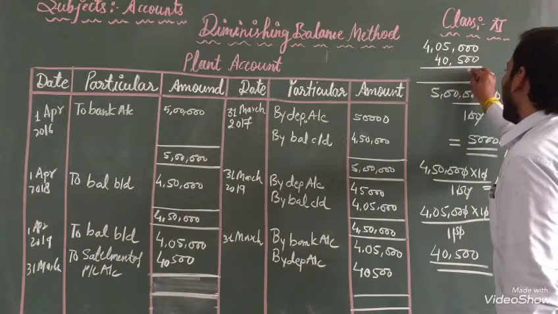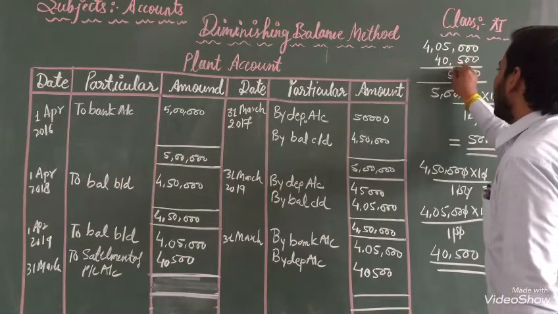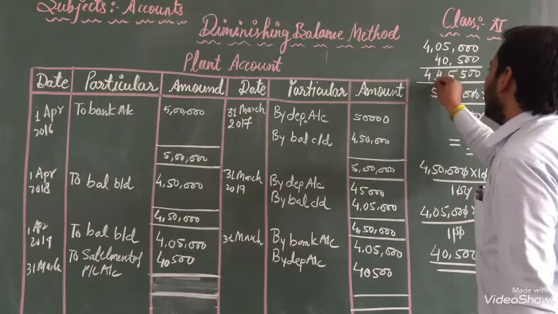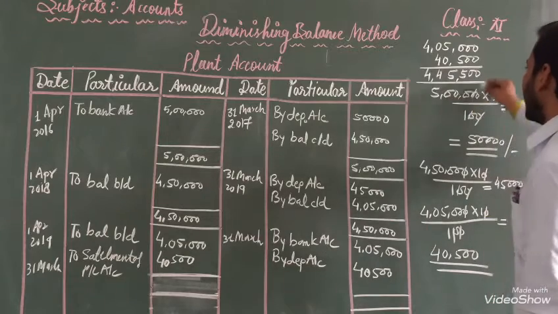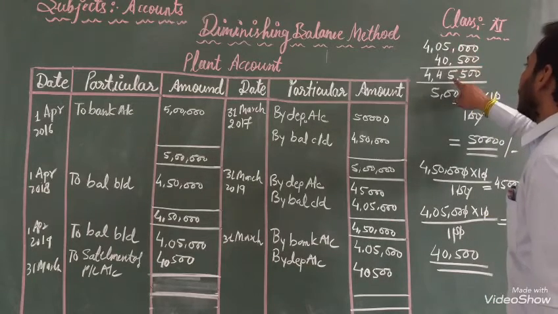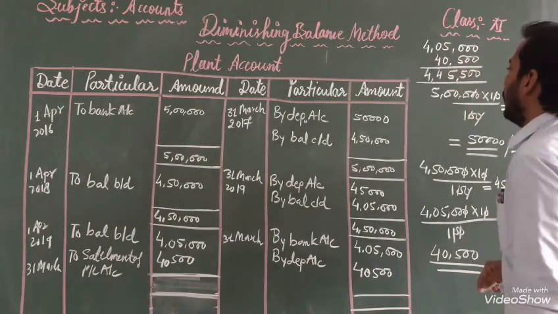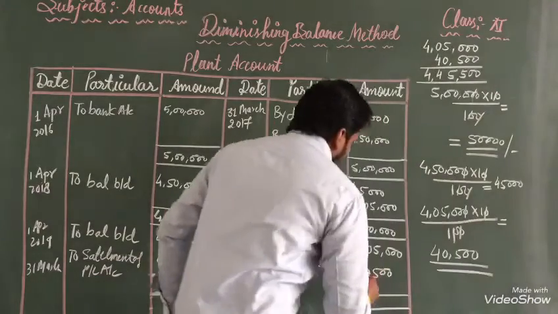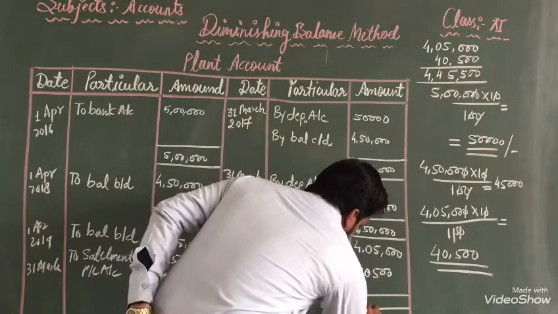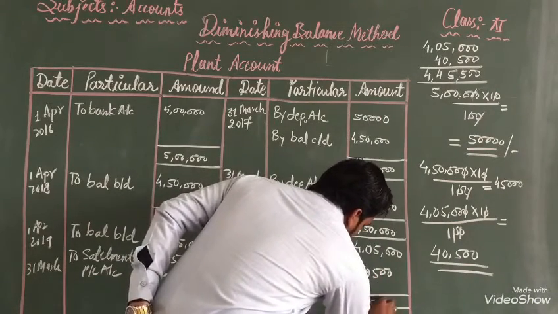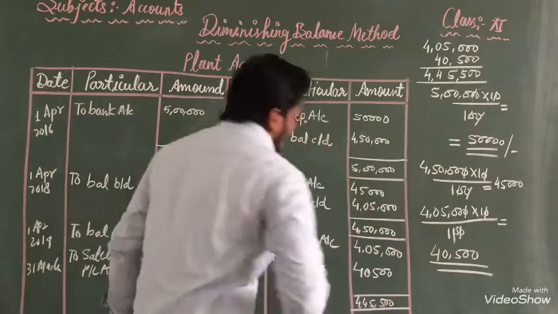Now we are going to add 5, 4 and 4. Once again repeat, 5, 4 and 4. 4,45,000. 4,45,500.